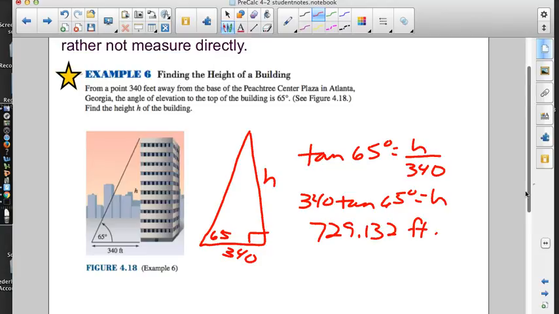So 729, we'll put approximately 729 feet.